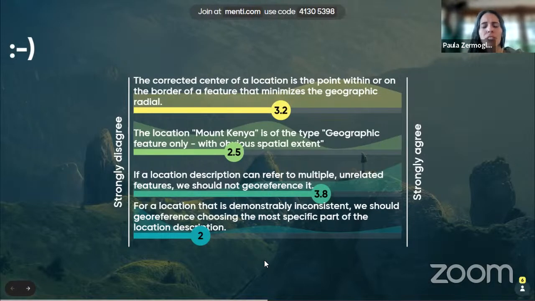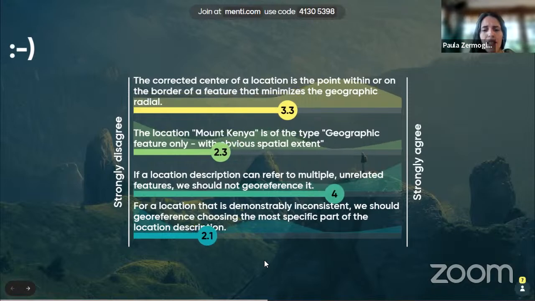So these are some of these concepts we have seen during the first module in the geographic concepts presentation.